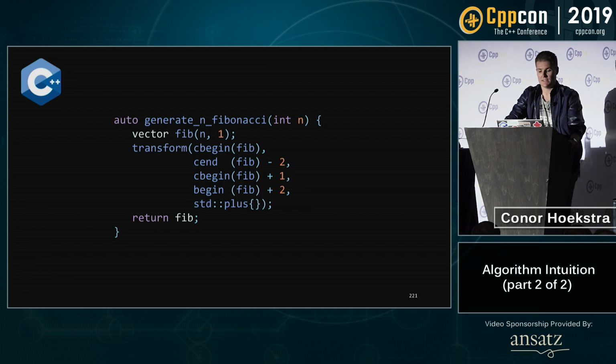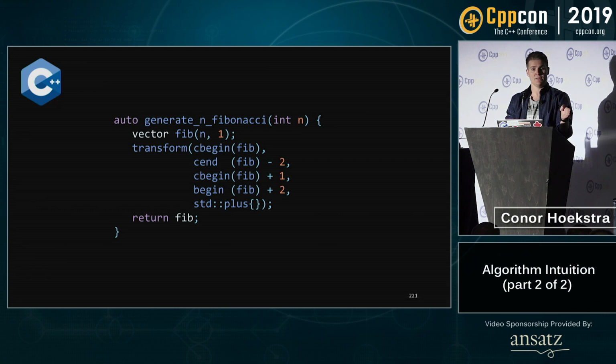So it is a, I guess, less well-known fact that you can generate Fibonacci numbers using the transform algorithm by basically initializing the first couple values, or all of the values, to 1, and then passing the 2 ranges that you might need to be basically the first element to the second last, or the third last element, and then your second range is the first element, and you don't need to specify the end because it's just going to go off of the first range, and your output iterator is going to start at the third element. So you're going to have 1, 1, and then you're going to start adding the 2 previous numbers. And you just need to pass the binary operation plus, and you're good to go.